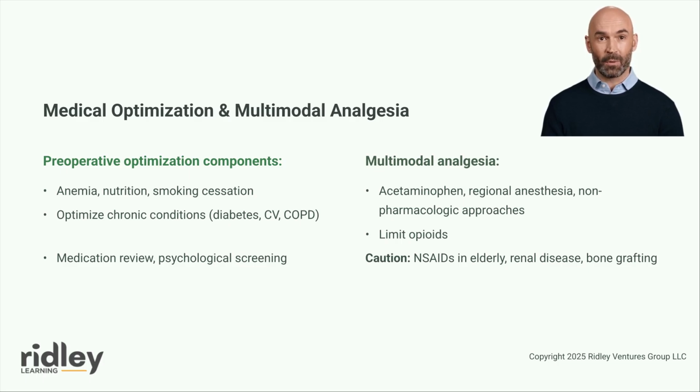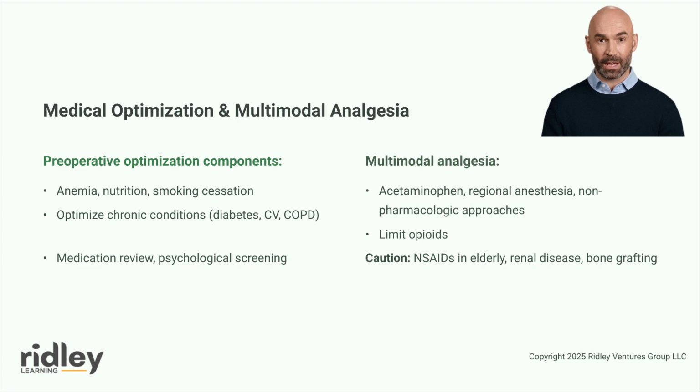While this study evaluated arthroscopic procedures rather than arthroplasty, the principles are applicable and support the use of multimodal analgesia to minimize opioid exposure and associated adverse effects, including sedation, constipation, respiratory depression, and risk for persistent opioid use.